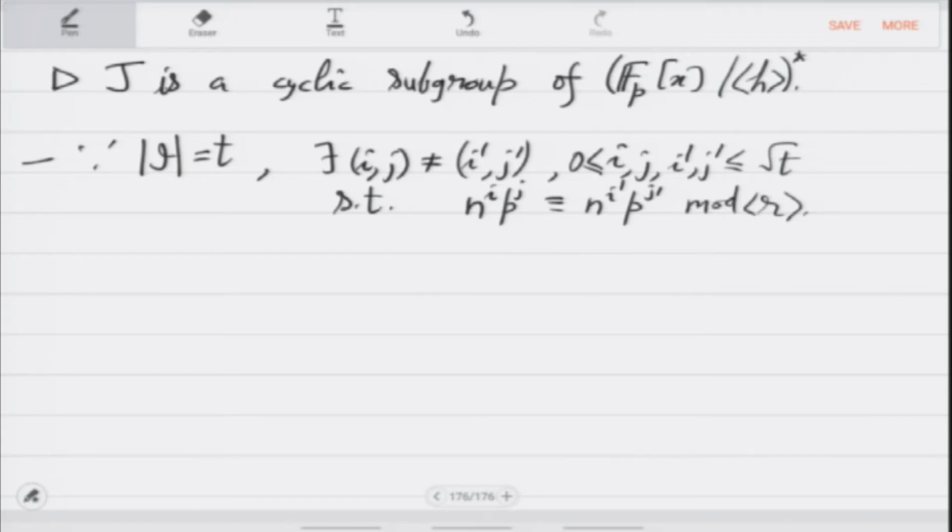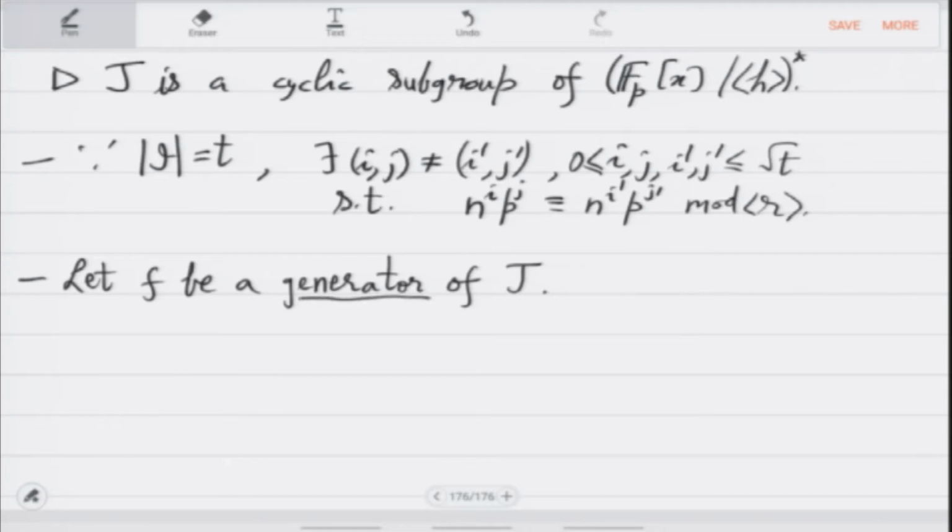But (i, j) and (i prime, j prime) are different pairs. Now for these two pairs, what can you deduce? So let f be a generator of J. J is a cyclic subgroup, pick a generator, call it f.